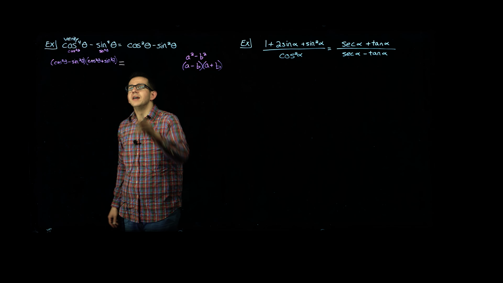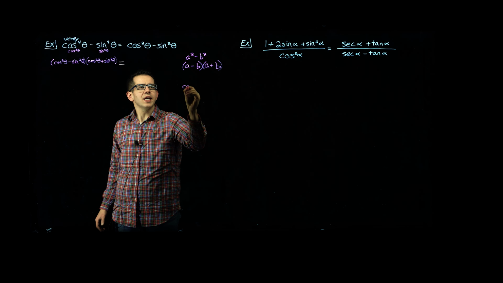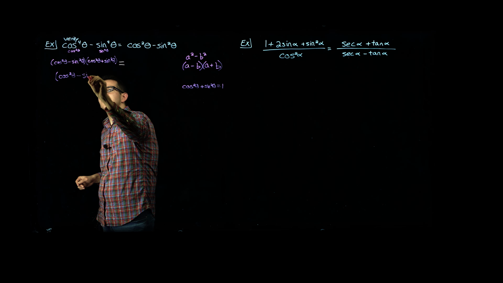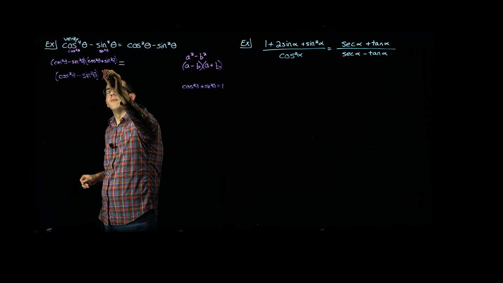But notice this is a Pythagorean identity. Cosine squared theta plus sine squared theta is equal to 1. That's always true. So this can be substituted out with 1, giving us cosine squared theta minus sine squared theta times 1.